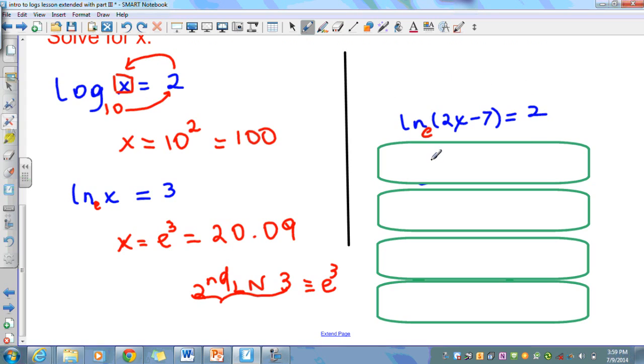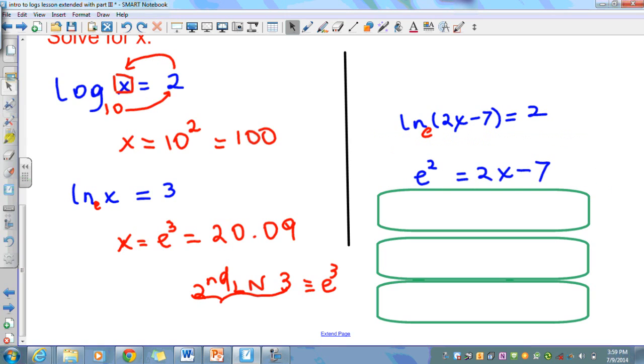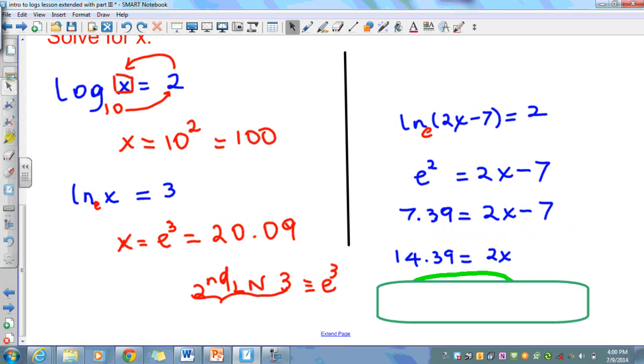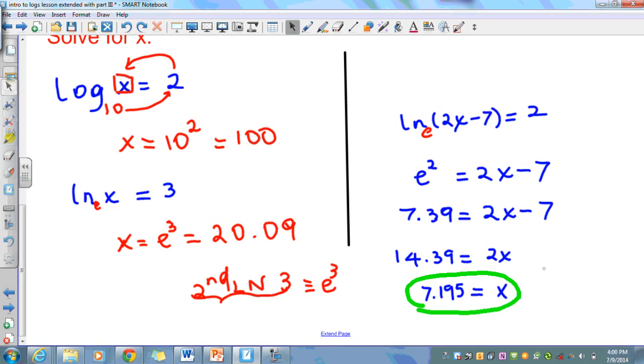So let's get rid of the logarithmic form by saying e to the second power equals to 2x minus 7. So that's what I did. And you can simplify e squared using your calculator, roughly 7.39. And then this becomes a simple linear equation. So add 7 to both sides and then divide by 2. And that will give us the answer.